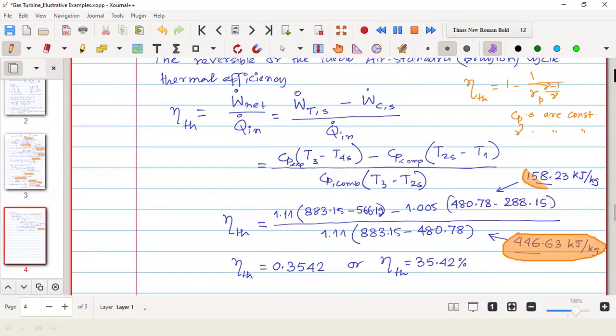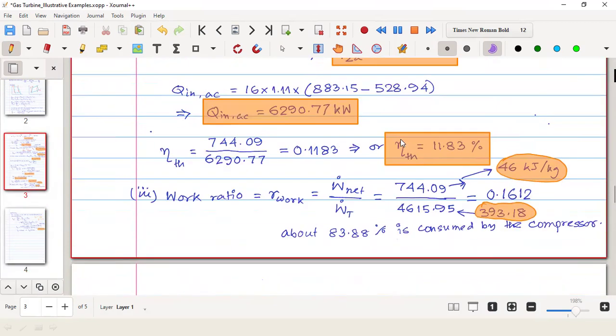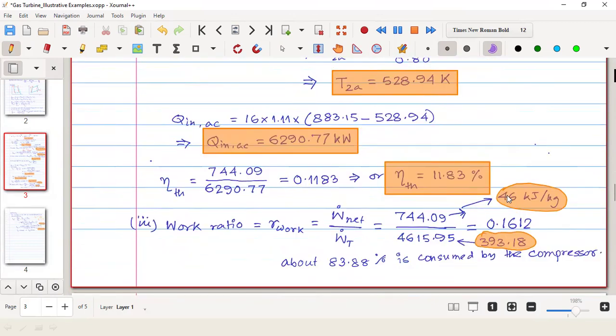In the ideal case, this is 158. And in the theoretical case, it is 46.